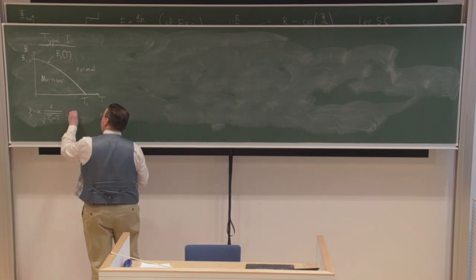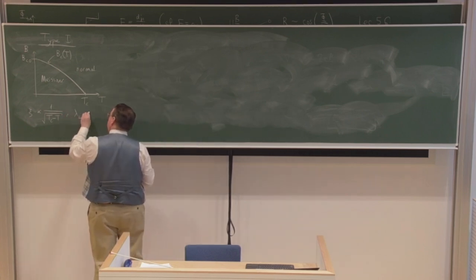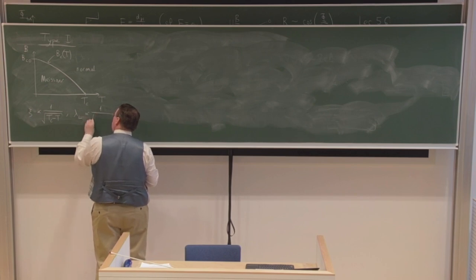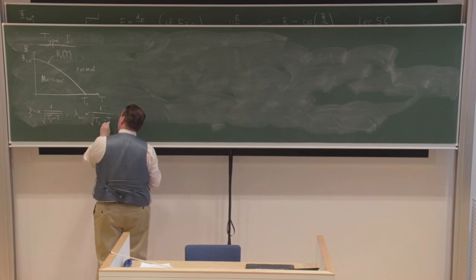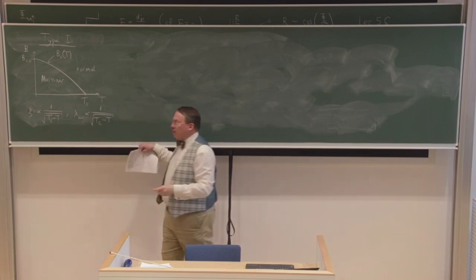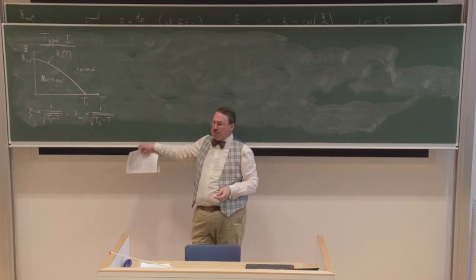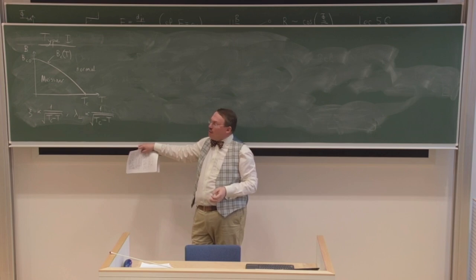There's a remarkable fact, at least within the Ginzburg-Landau theory, which is that even though these are different functions of the parameters of the problem, they diverge as you approach Tc in the same way. So at least within the Ginzburg-Landau theory, that ratio is independent of temperature.